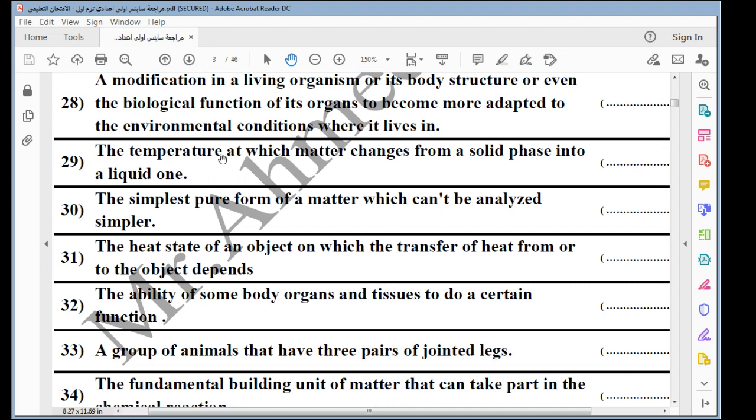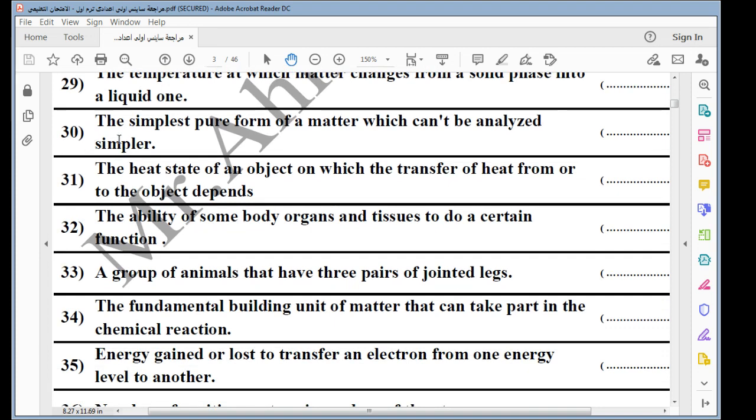The temperature at which matter changes from a solid phase into liquid. Of course, this is melting point. Number 30. The simplest pure form of matter which cannot be analyzed simpler. Of course, this is element.